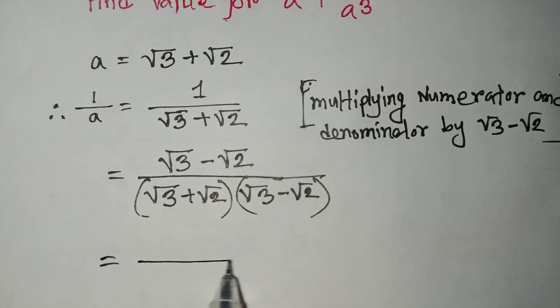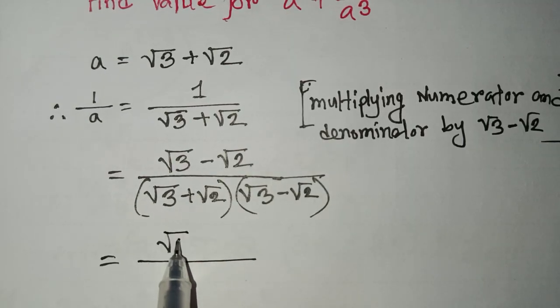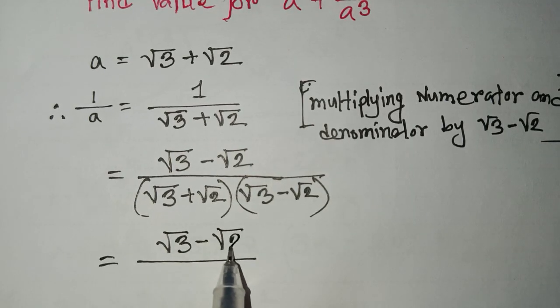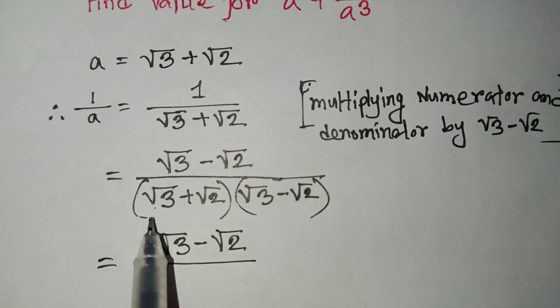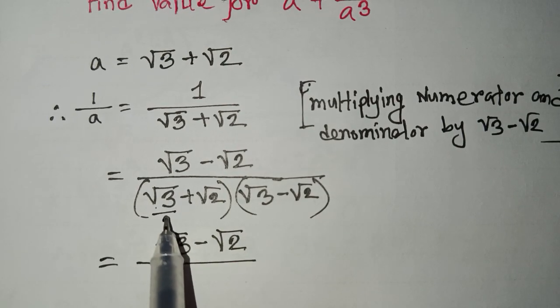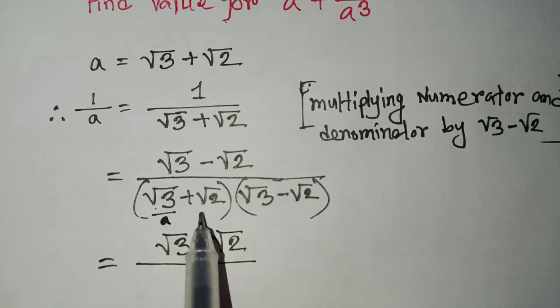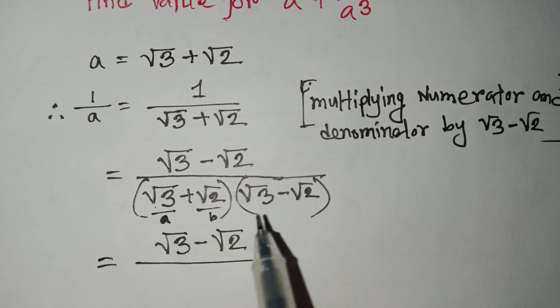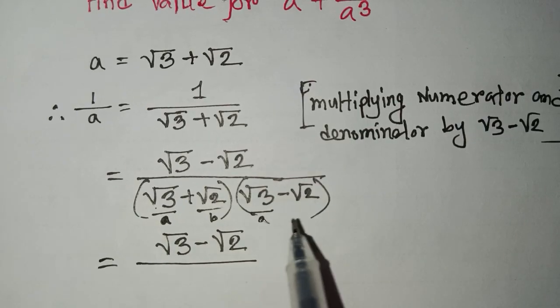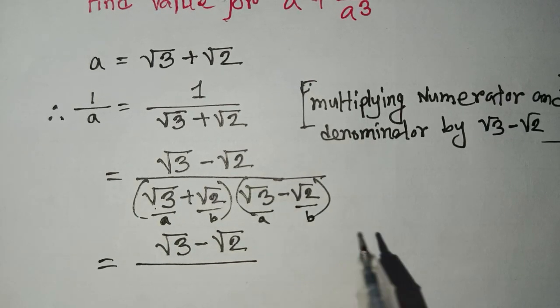Okay, so root 3 minus root 2 all over root 3 plus root 2 times root 3 minus root 2. Here root 3 is a and root 2 is b. Here also root 3 as a, root 2 as b.